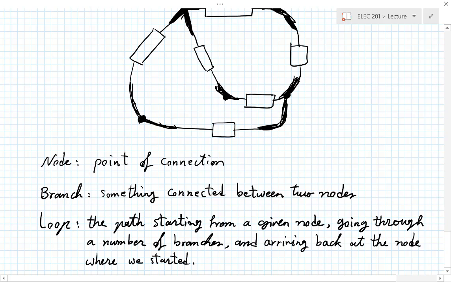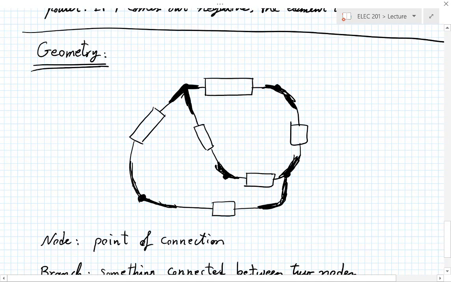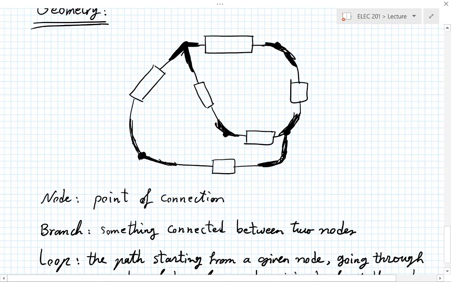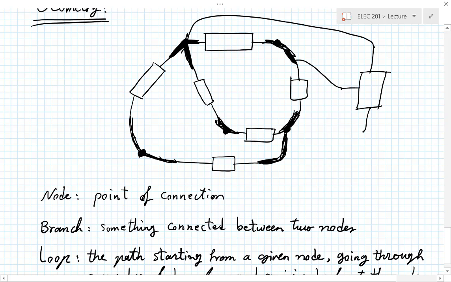Now, that does not change anything about the generality of the concept of node or loop. Let me give an example here. No reason to shy away from it. Assume that you have a 3-terminal element, something like this. This is connected there, this is connected here, and this is connected there.